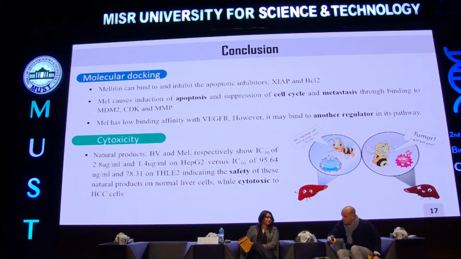So from both the in silico and in vitro results, we came to the conclusion that we can use sorafenib in combination with melittin or crude venom to reduce the very harsh side effects of sorafenib. As I pointed out before, sorafenib has a very high cytotoxic effect on both normal cells and cancer cells.